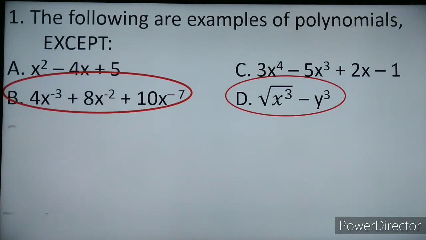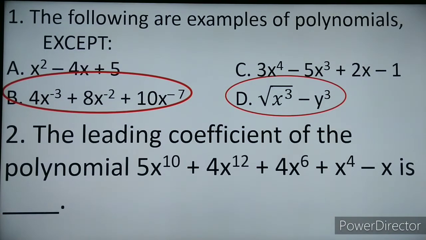Next, question number 2. The leading coefficient of the polynomial 5x raised to 10 plus 4x raised to 12 plus 4x raised to 6 plus x raised to 4 minus x is blank.